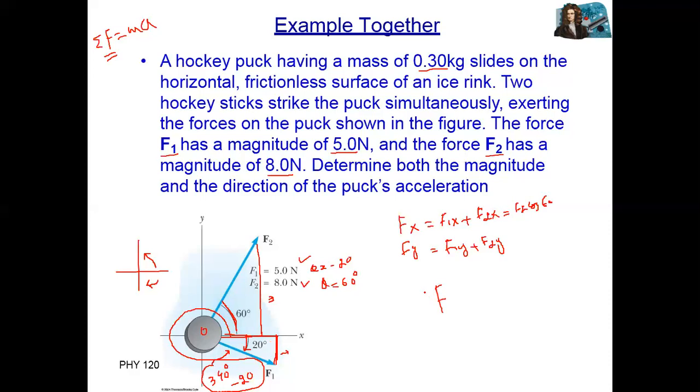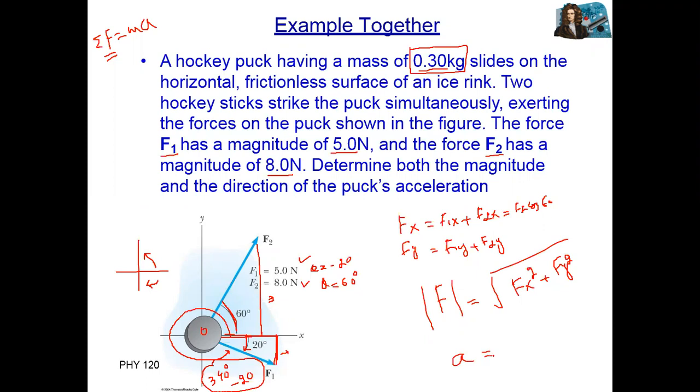When you find Fx and Fy, then you need to find the F magnitude. How to find F magnitude? You can find it with the help of this formula, Fx square plus Fy square. When you find the magnitude of F and you have the mass, which is given here as 0.3, you can easily find acceleration.